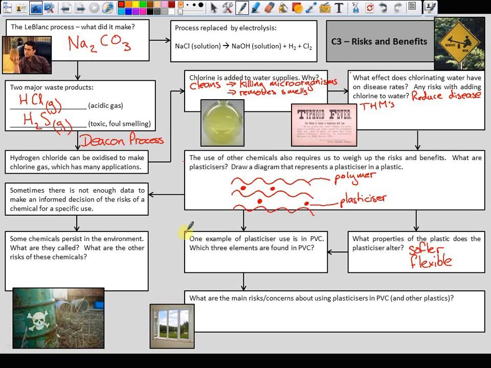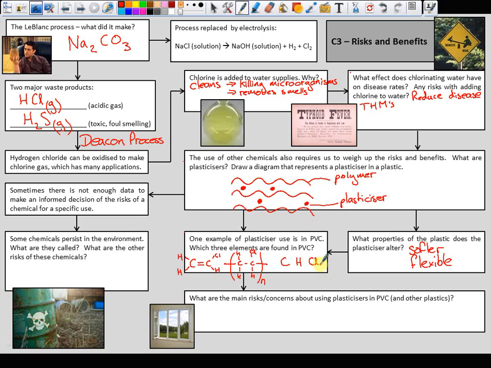Well, I'm hoping that you remember that your monomer for PVC is chloroethene. Your repeating unit looks like that, which means that the answer to that question is carbon, hydrogen and chlorine.